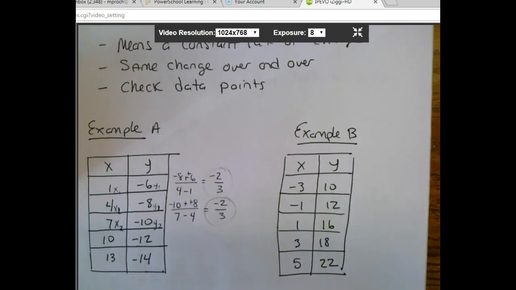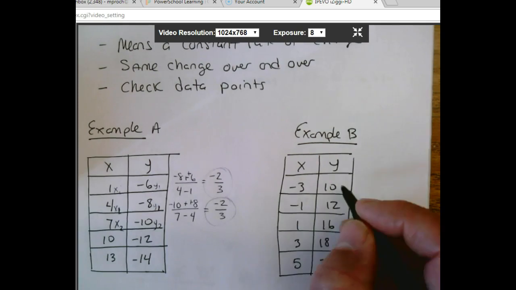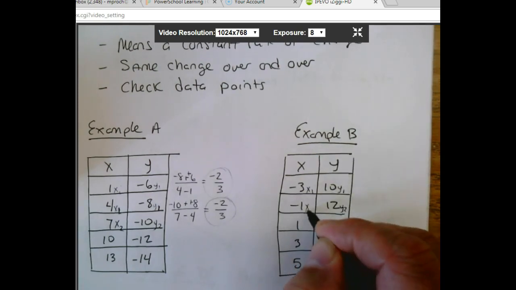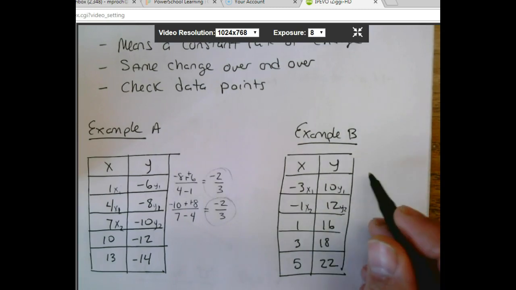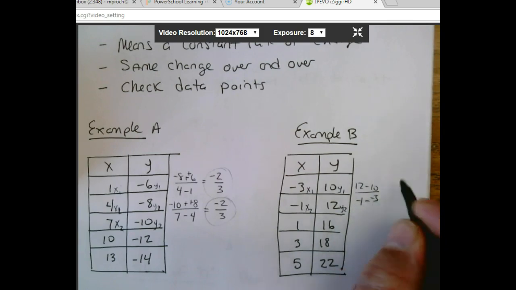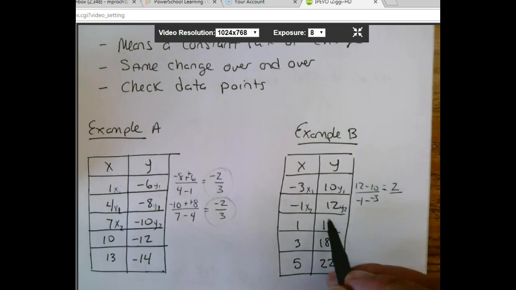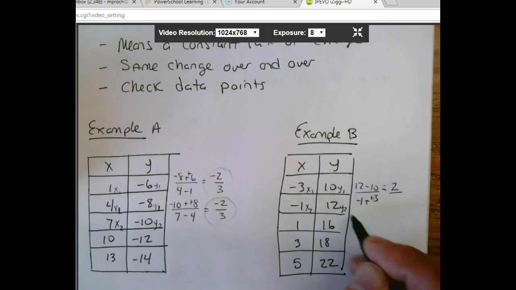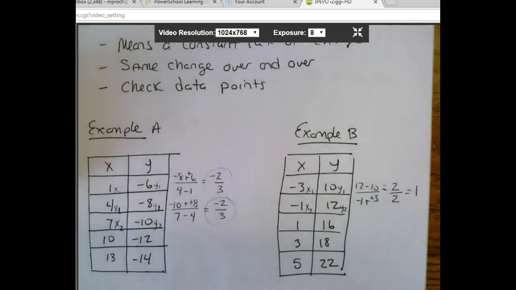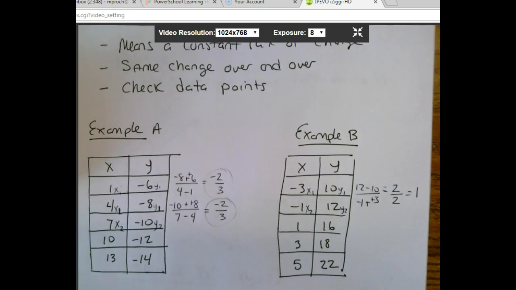So then if we did the other example here, let's see if this one has a different rate of change. So here we again, we'll start with this one over here. This is your y1, y2, x1, x2. So then we do 12 minus 10 over -1 minus -3. This would be 2 over, this would be change the sign and add. This would be 2. 2 over 2 would be 1. So then we want to check the next one, right?